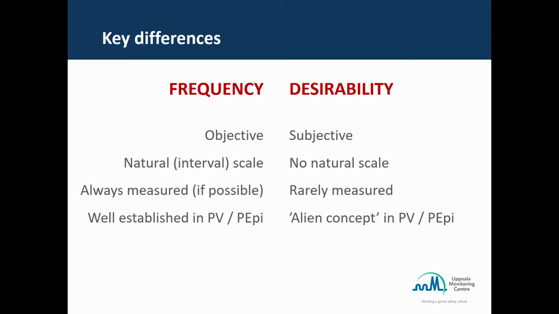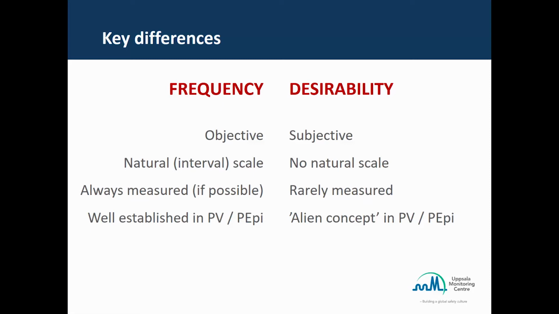And partly because of how easy they are to measure, but also because I think of what has traditionally been considered important to measure, frequency is nearly always measured in situations where that is feasible, for example in clinical trials. Desirability, on the other hand, is rarely measured, even though I think that this might be gradually changing with time.